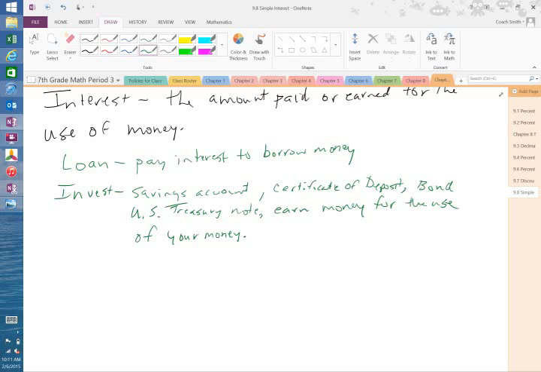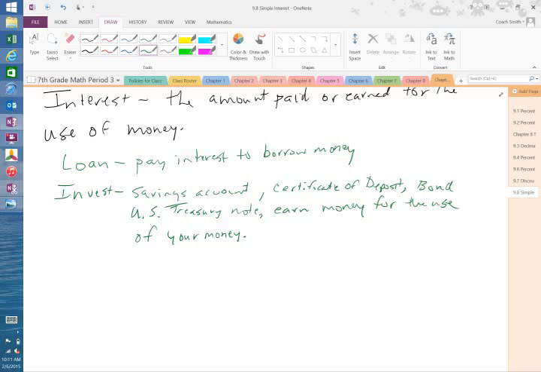Today we're only talking about simple interest. There's interest called compound interest. You don't want that unless you're investing. If you're investing, you want compound interest. If you're paying back a loan, you want simple interest, because compound interest figures on a monthly basis on your balance every time, and you end up paying a lot more than if you have simple interest.